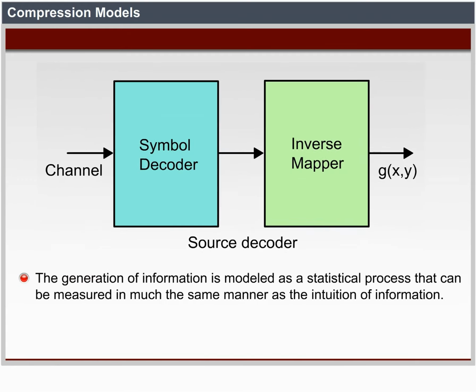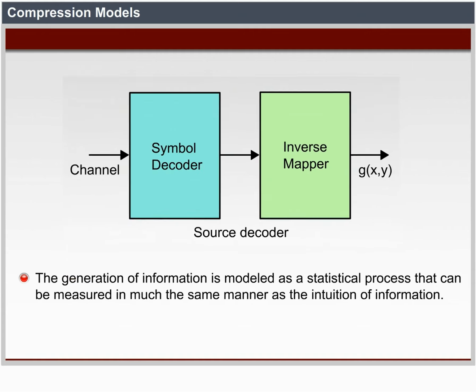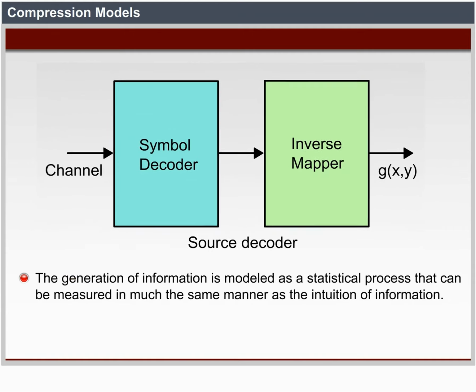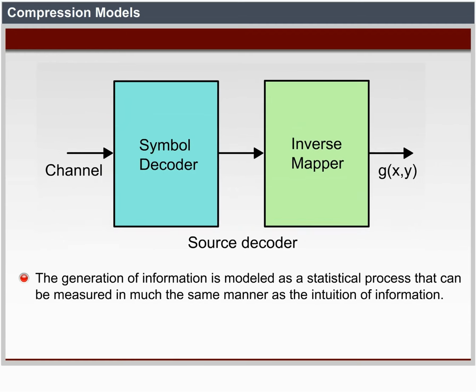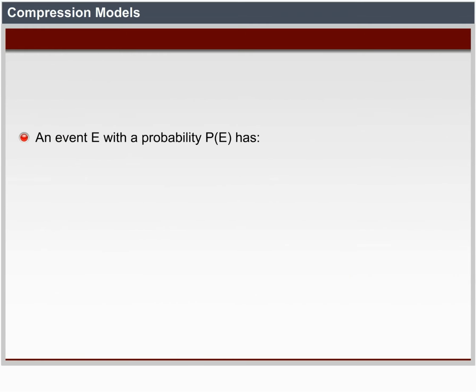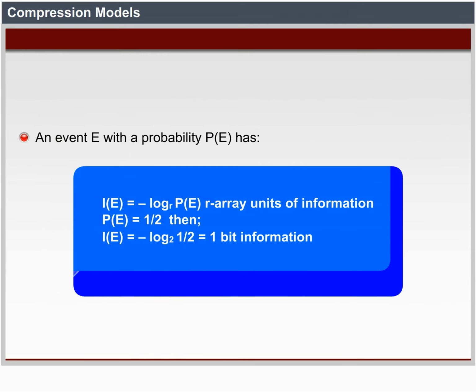The generation of information is modeled as a statistical process that can be measured in much the same manner as the intuition of information. An event E with the probability P(E) has an information content as shown.